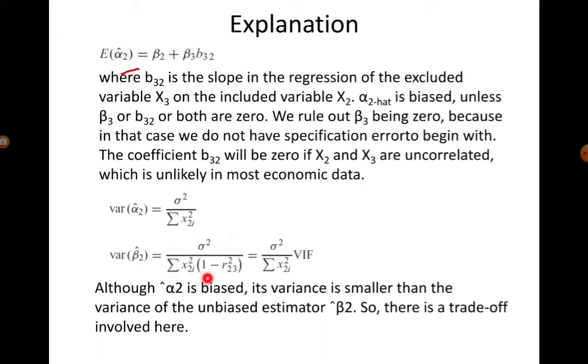We came across this formula even in the case of multicollinearity, right? So we have sigma square by summation x2i whole square times 1 by 1 minus r23 whole square. This term, 1 by 1 minus r23 whole square, is called the variance inflationary factor.